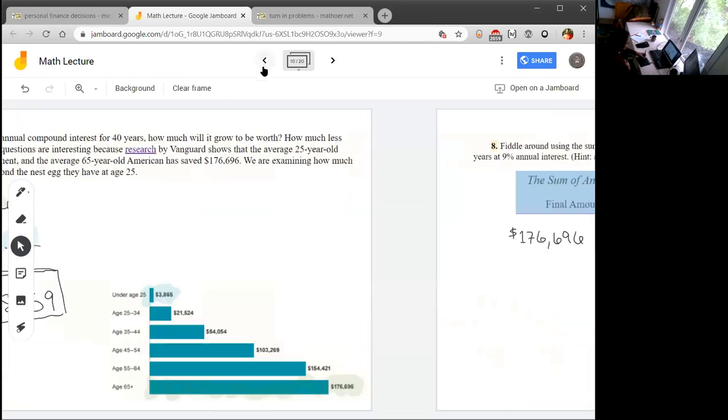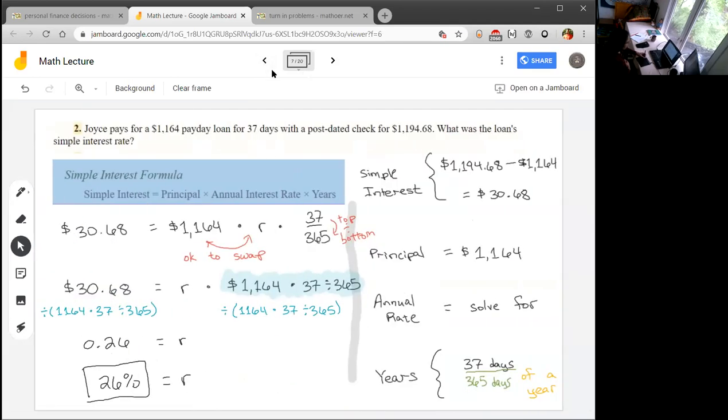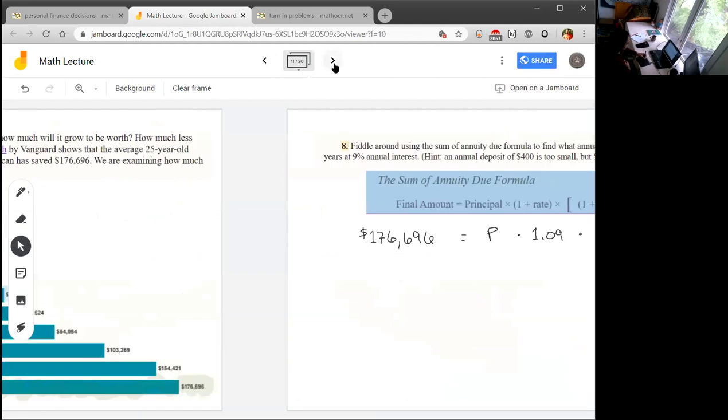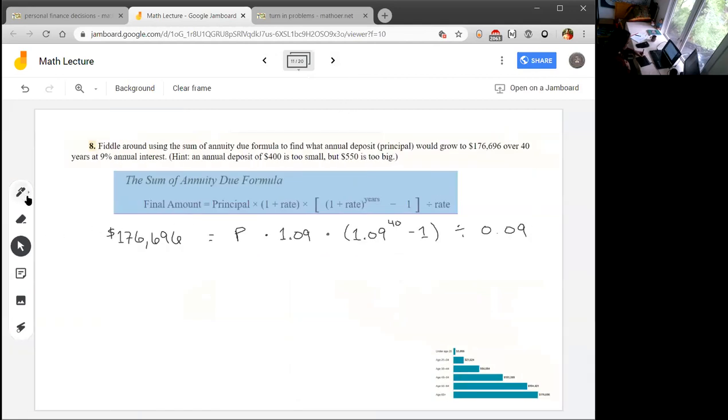So this looks a lot like Joyce's post-dated card. There's a letter times a bunch of stuff. So I'm going to take all that stuff and just make it one number.